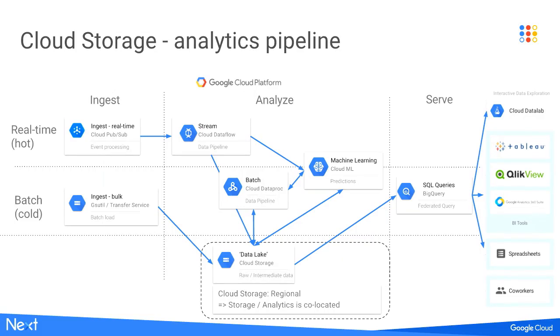Okay, another use case for Cloud Storage. This is an analytics pipeline. So here, you might want to capture large amounts of data from a number of different sources for, say, marketing. Maybe you're an e-commerce site. You're capturing lots of data, log data potentially from your machines. It's capturing usage of what people have been doing.